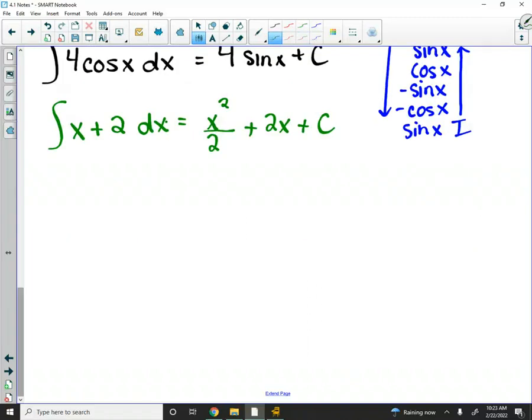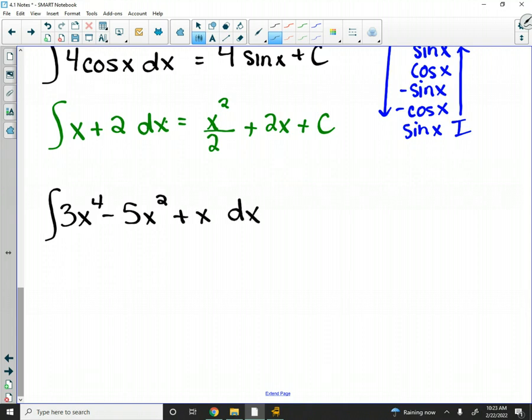All right, let's try one with a little bit more parts. Let's integrate 3x to the 4th minus 5x squared plus x. So this integrand has 3 parts to it. We can just look at each of them separately.